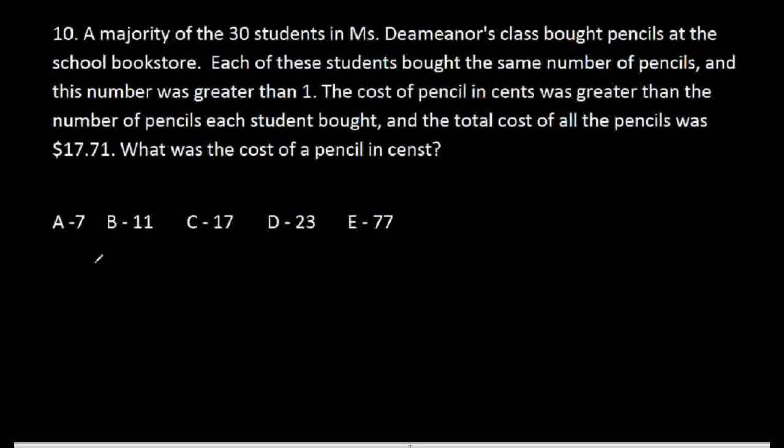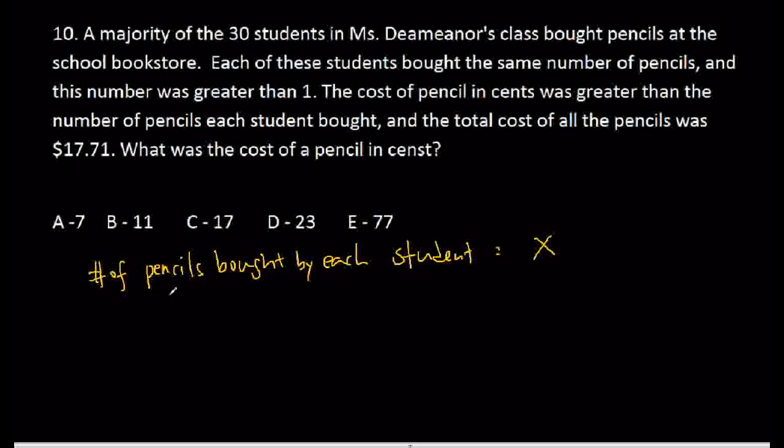So let's write down the number of pencils bought by each student. Let's say that's equal to x, okay? And this number is greater than 1. The cost of a pencil in cents was greater than the number of pencils each student bought.